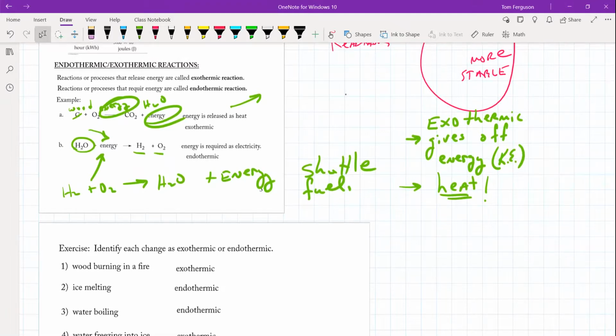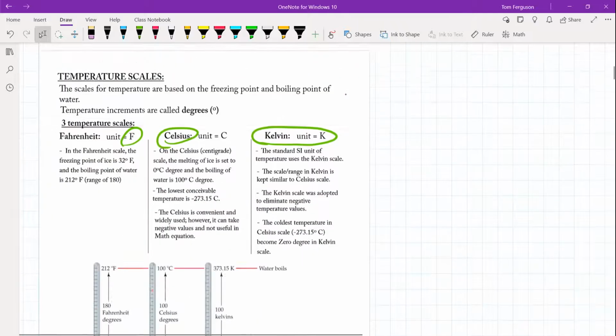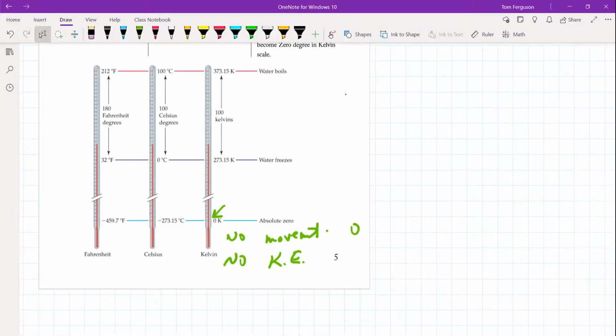I have a question about the Kelvin scale. Yes. So when you say that the Kelvin scale stops at absolute 0, I understand that there's no kinetic energy at that point, but that scale is not based exactly on temperature, right? It's based on the amount of kinetic energy. So it can get colder than that, but it's just that there won't be any molecular movement.